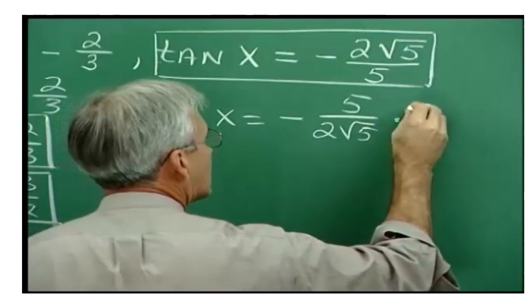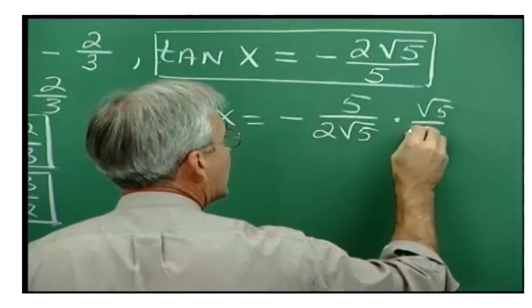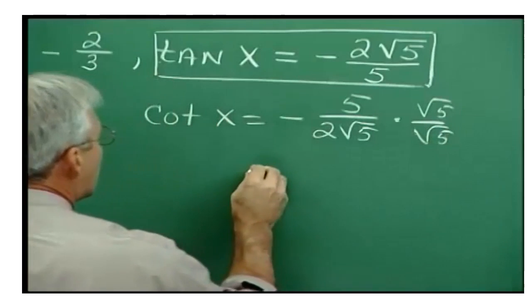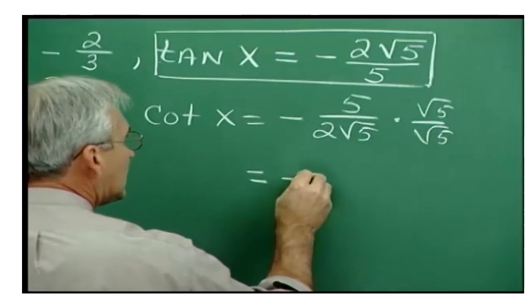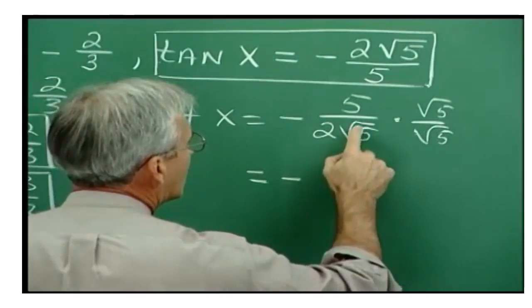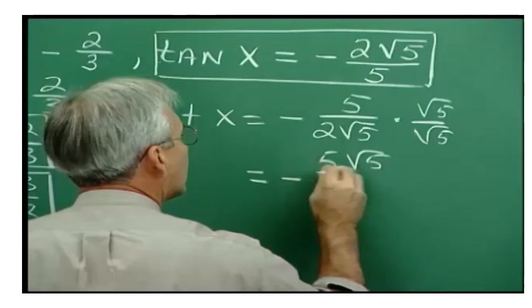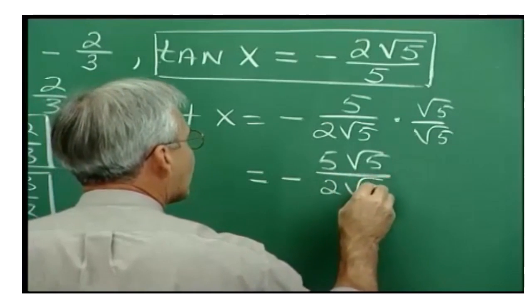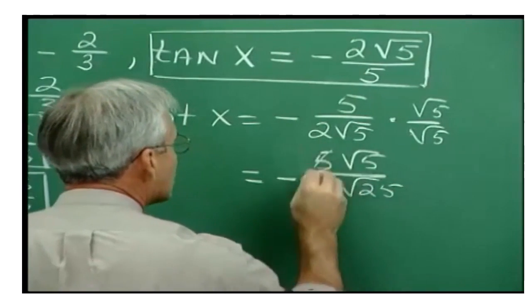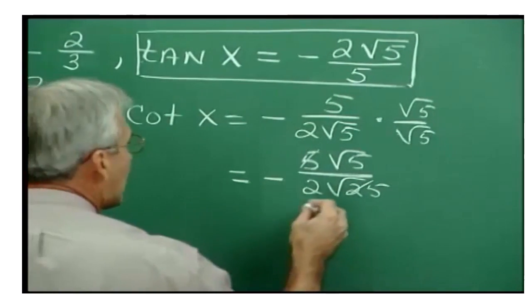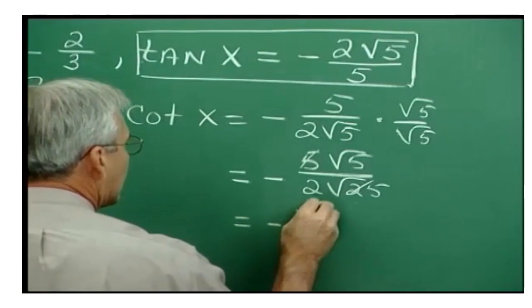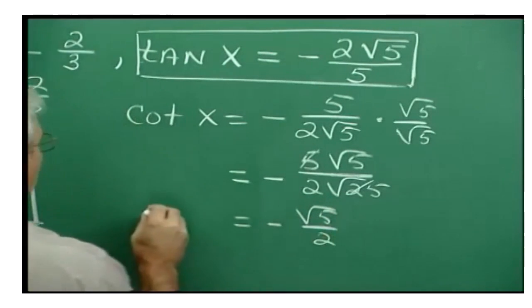If I multiply here by root 5 over root 5 in order to rationalize, then I'll have, let's see, negative. Now, well, let me show all the steps here. This is 2 times the square root of 25, which is 5, and this goes out with that. So we have negative root 5 over 2 for cotangent.